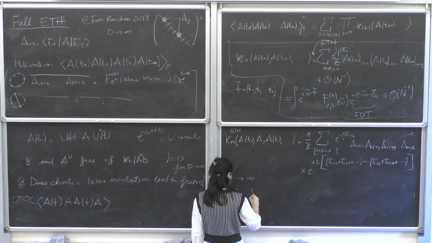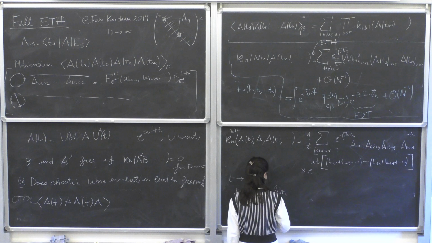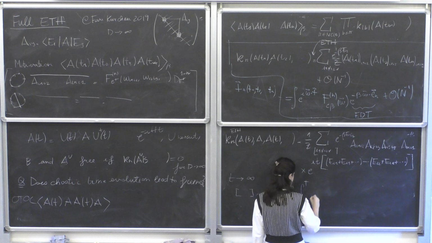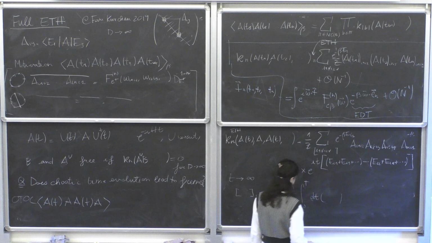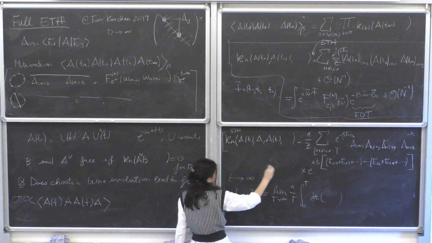So that we defined. In this way, you take the limit of t going to infinity, 1 over t, and the integral. Okay. So let's take this infinite time average.